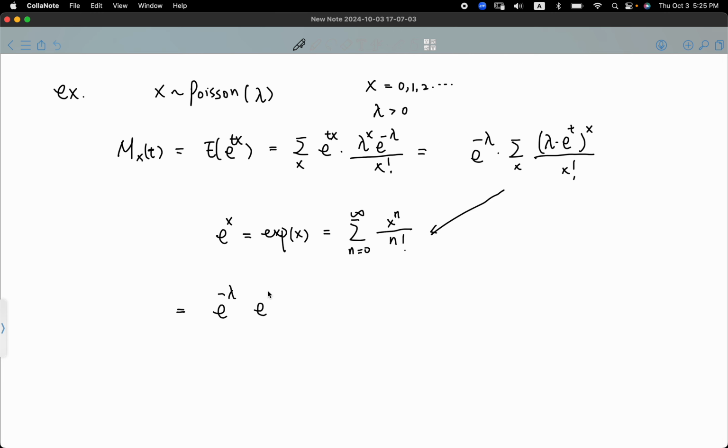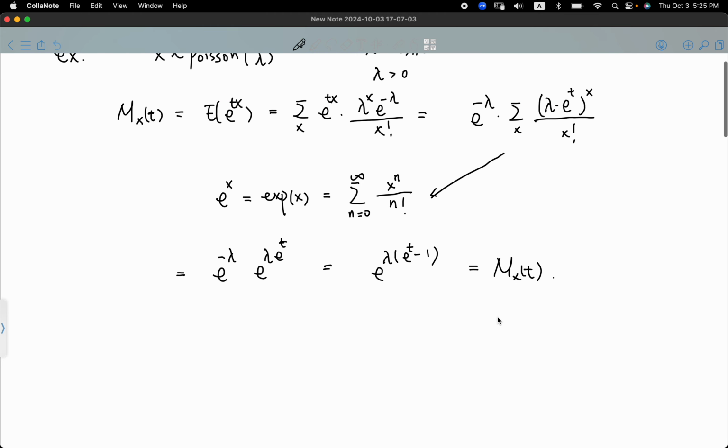So we have e raised to the power of lambda e to the power of t, by expressing this infinite sum as a single term. Then we can further group them together as e raised to the power of lambda times (e to the t minus 1). And this is the moment-generating function for the Poisson distribution.